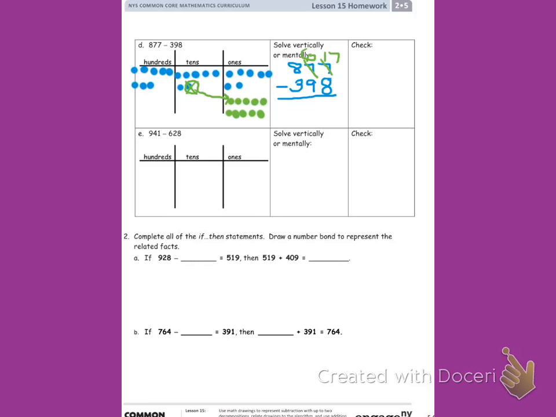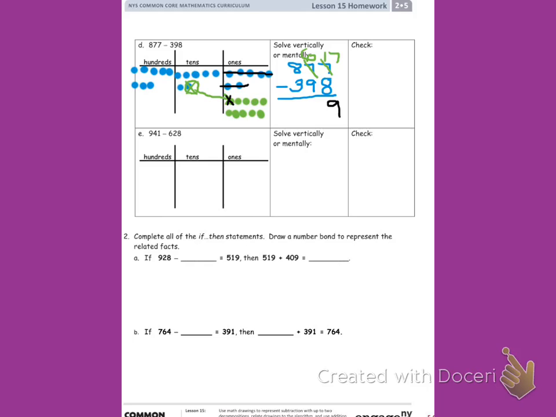Now I can go ahead and cross out. 17 ones minus 8 ones looks like this. 5, 6, 7, 8. That leaves me with 9 ones. Now I have 6 tens and I need to take away 9 tens.